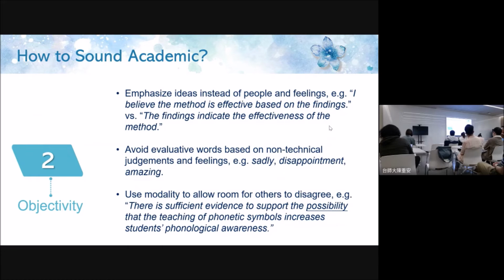Here is an example sentence: I believe the method is effective based on the findings. You can rephrase it to make it more objective: The finding indicates the effectiveness of the method. In this one, I also use nominalization, effective to effectiveness. That's also one way to do it.